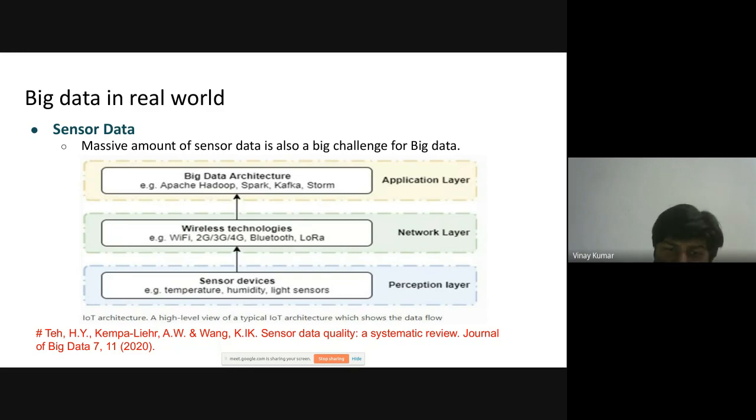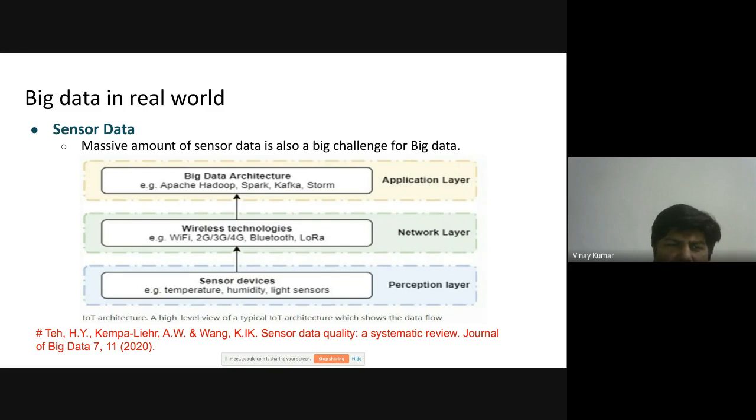So recently, Cisco estimated that there would be approximately 850 zettabytes, and we know 1 zettabyte is 10 power 21 bytes, of data generated from devices. Okay, so an IoT application may have hundreds or thousands of sensors, which produce vast amounts of data, but the data is useless if we are unable to use it in decision making results.